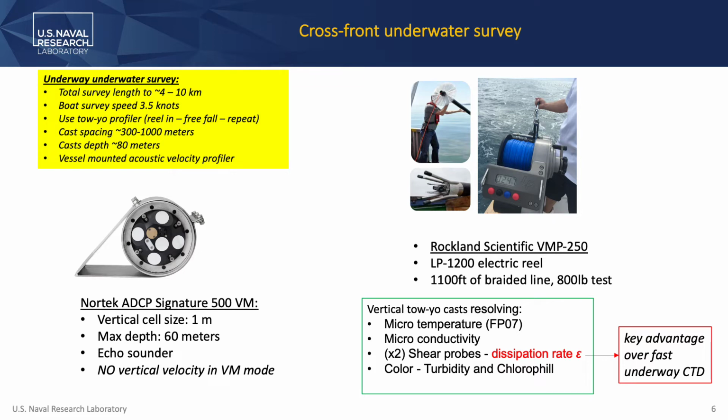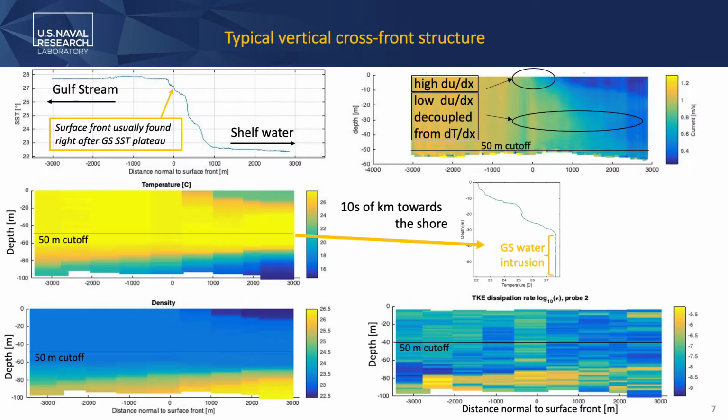We would use that profiler in a tow-yaw mode across the front, meaning the boat is moving with constant speed while the profiler is lowered down and then pulled back up time and again without retrieving onto the deck. That allowed us to collect samples down to 80 meters about every 500 meters across the front.